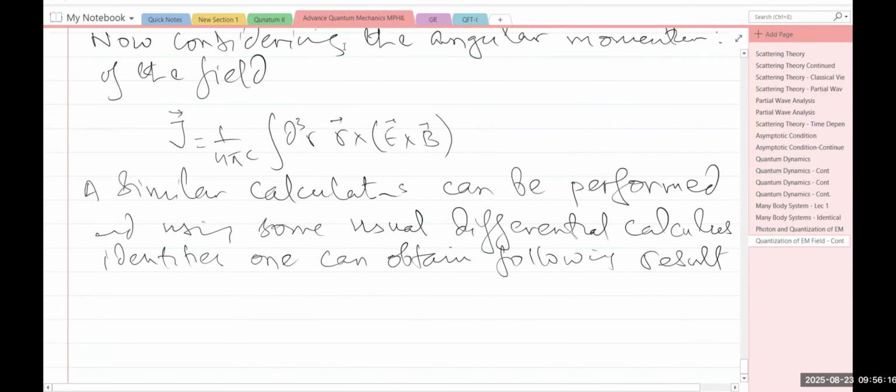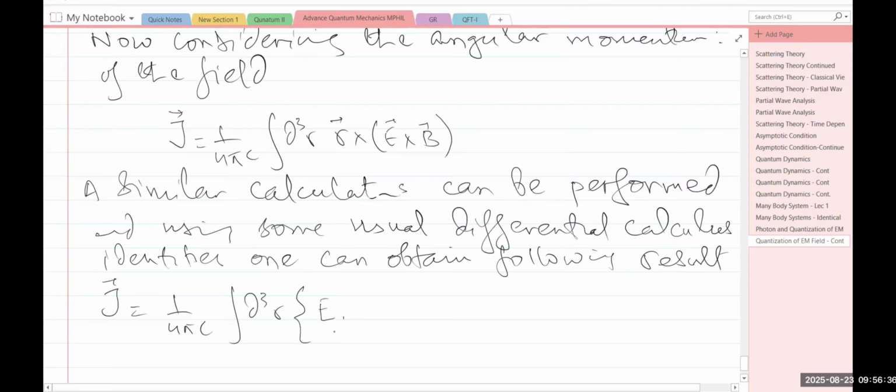And what is that result? That is J is equal to 1 upon 4 pi c, the same factor we had. Then we have an integral d3r over the 3-space. Then the factors because of those identities.